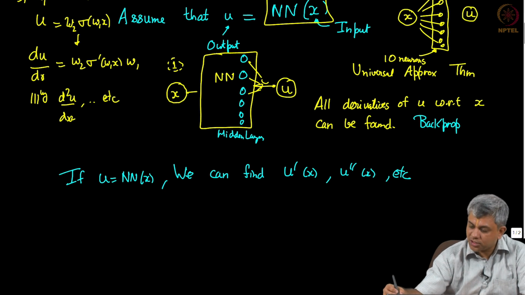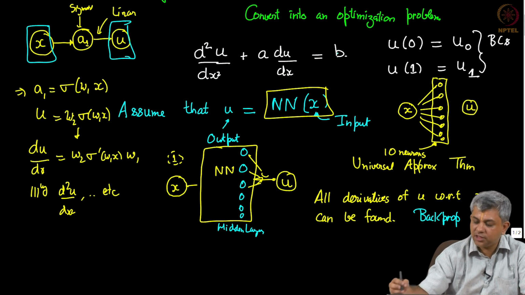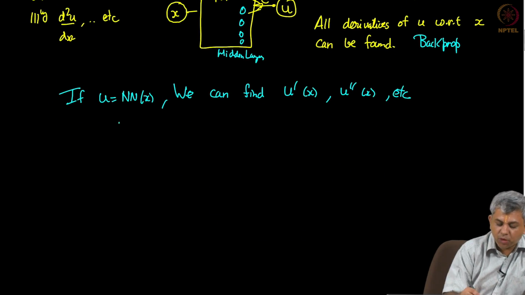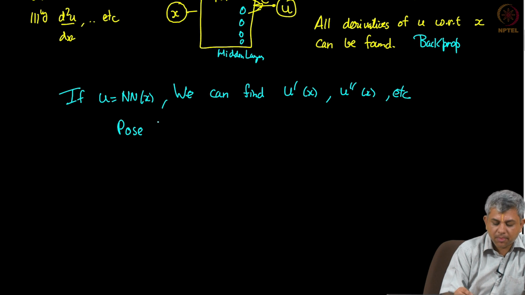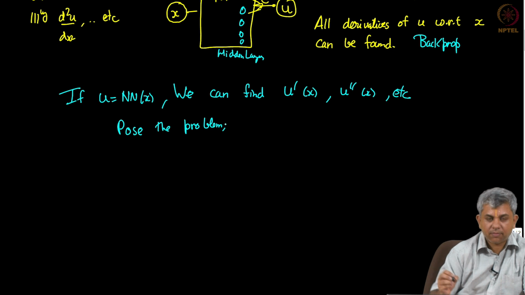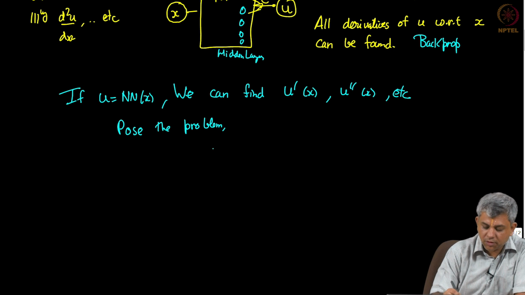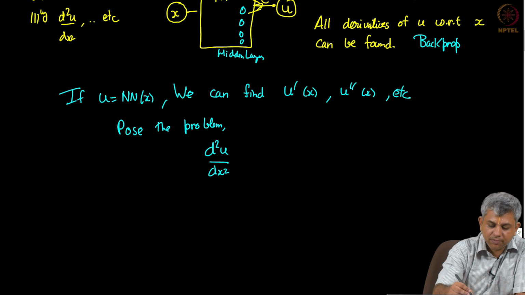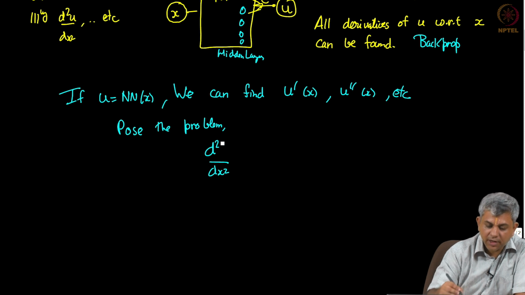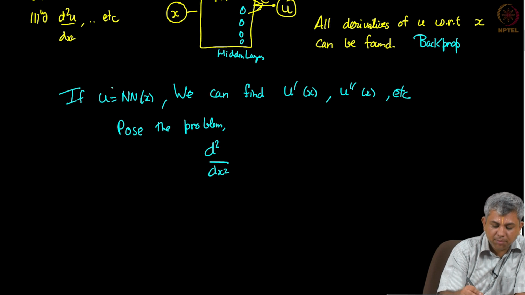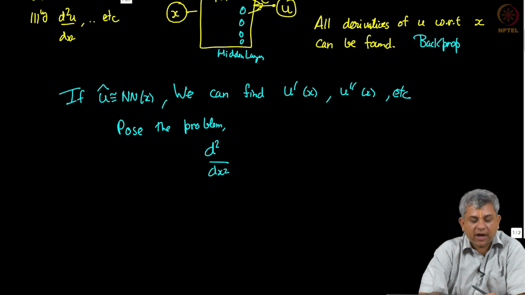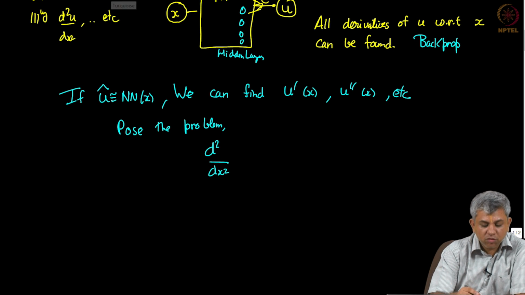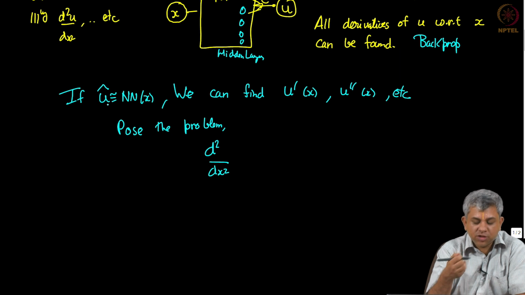Now, this makes things easy for us. Why? Because now, instead of saying I am solving this equation, I will pose the problem as follows. d square u dx square, let us call, since this is an approximation, we will call u hat, okay, just like we did y and y hat. So, the original is u, the neural network predicts u hat.